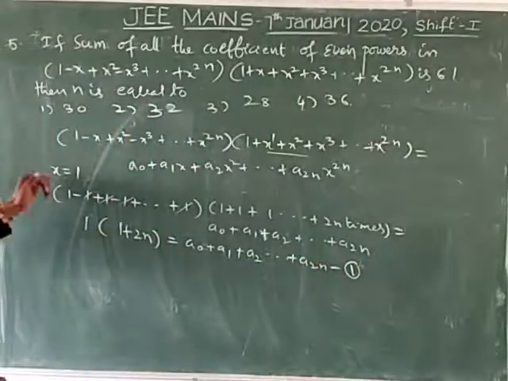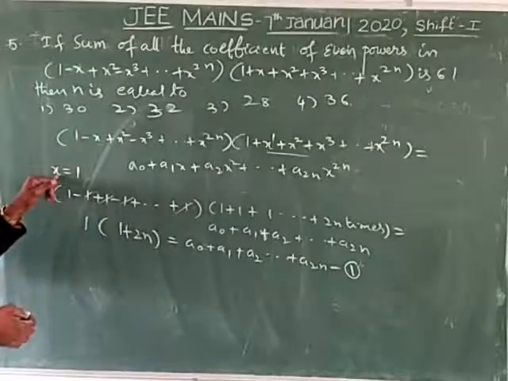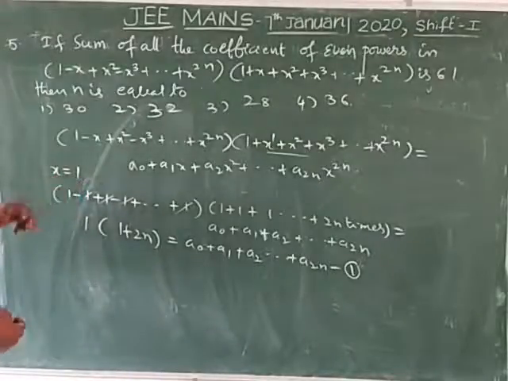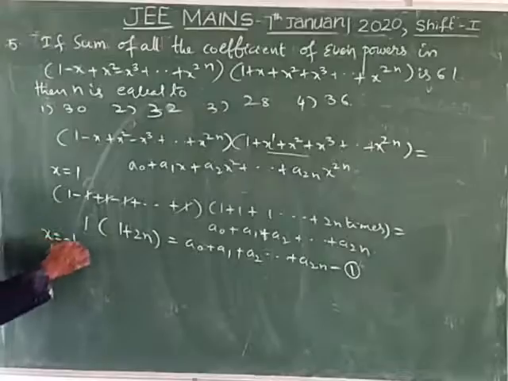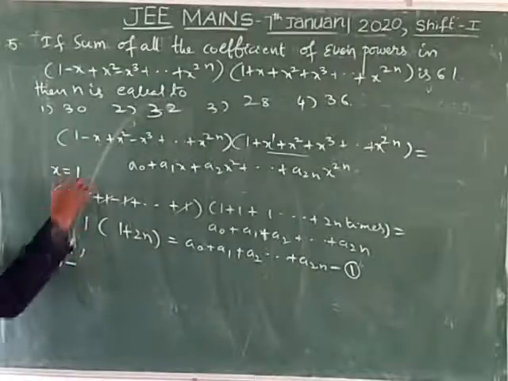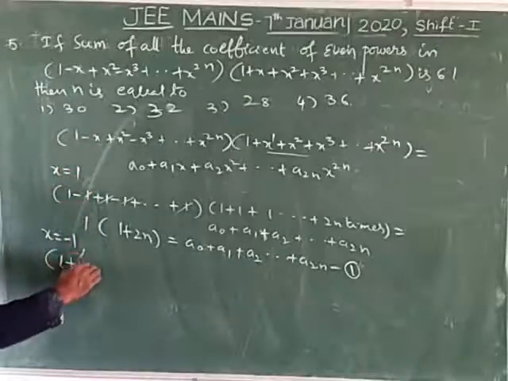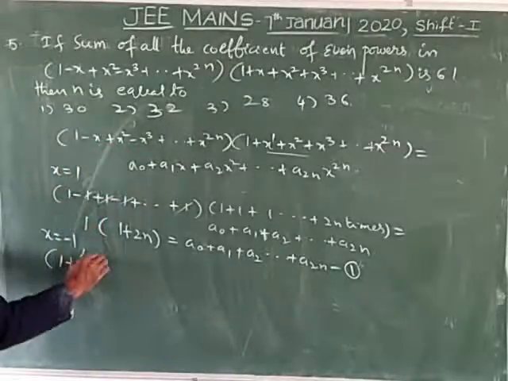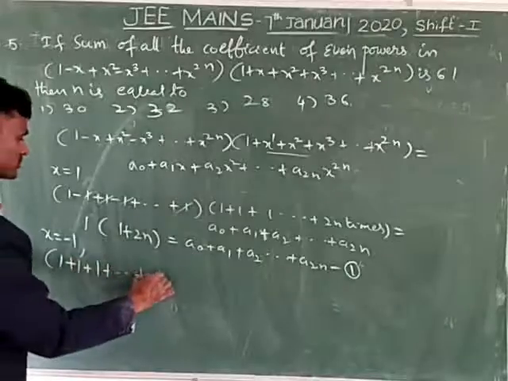Now, another time, instead of x you have to take x is equal to minus 1. You have to substitute x is equal to minus 1. Then what happened here? 1 plus minus into minus plus 1, minus 1 whole square is also plus 1 up to so on, this is also 2n times.